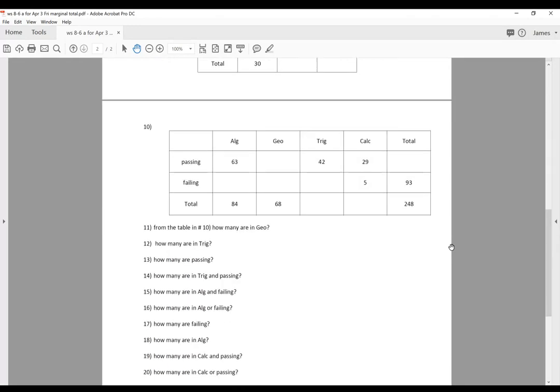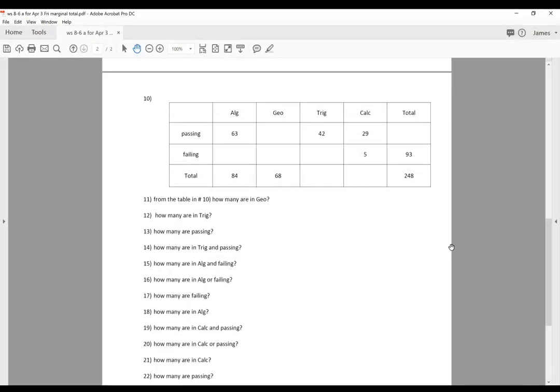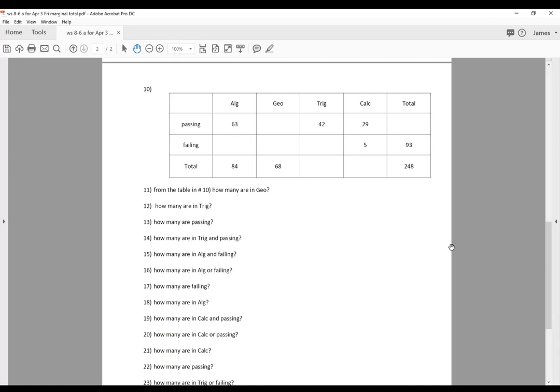So number 10. Okay, so on this one, I started filling in the missing spaces. So I would start with these 2 numbers, added to x, to get 248. So obviously, you would subtract. You could say x plus 93 equals 248 and work it out that way.